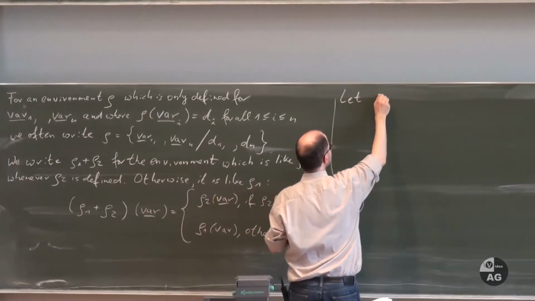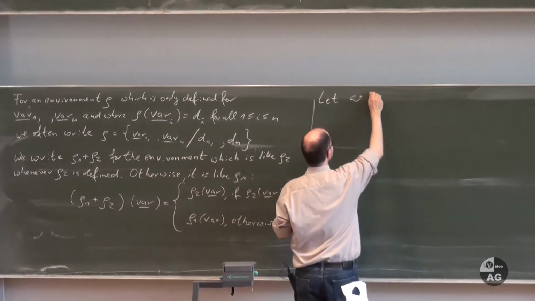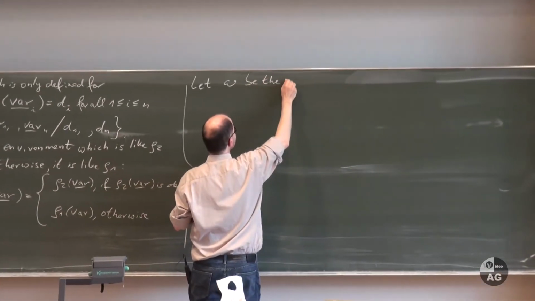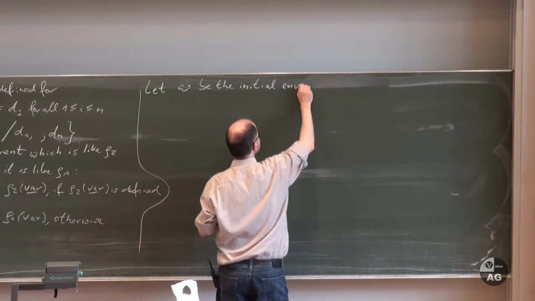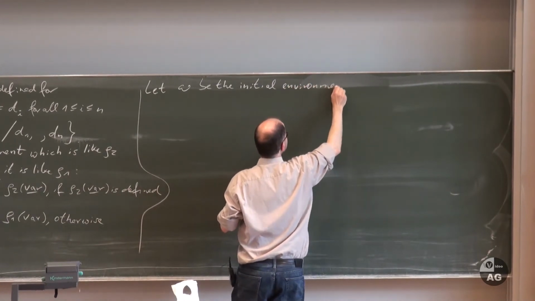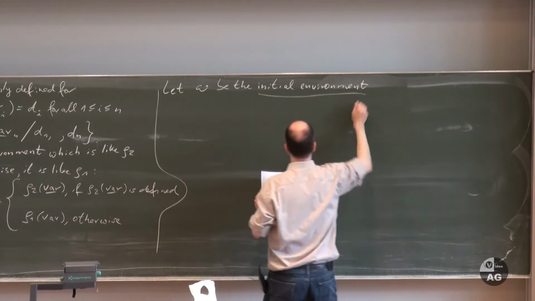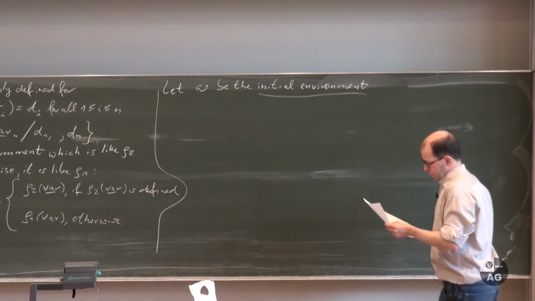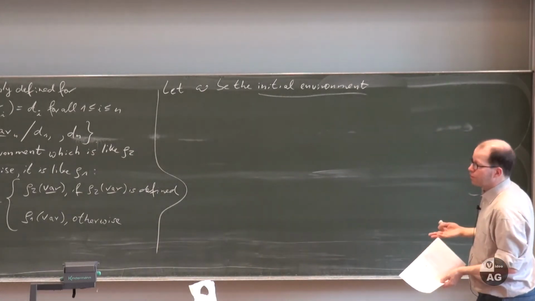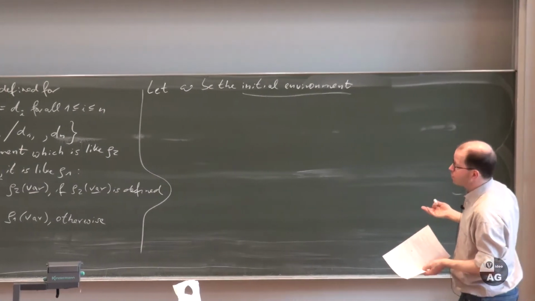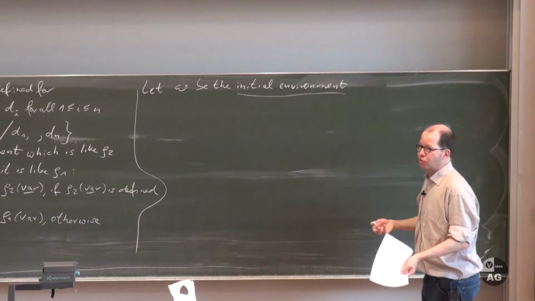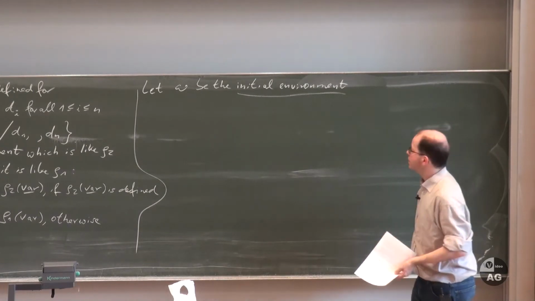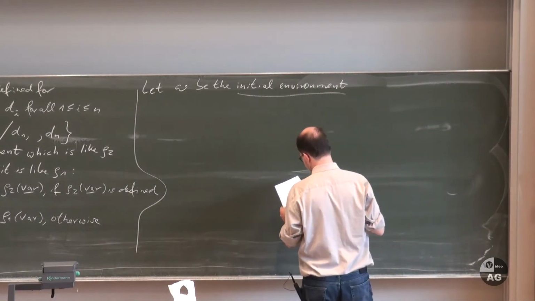So let small omega be the initial environment, and what does this do? Well, this maps all the variables that stand for predefined operations in Haskell. It maps these variables to the predefined operations that they are assigned to in Haskell.